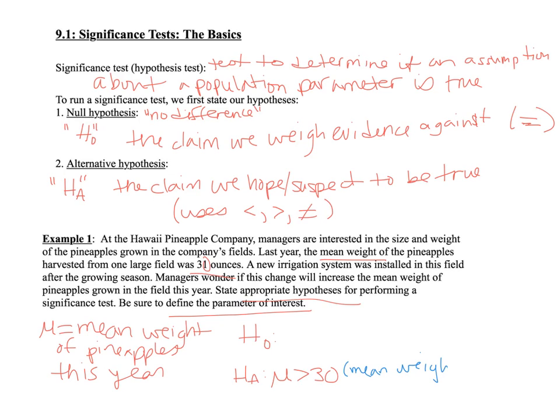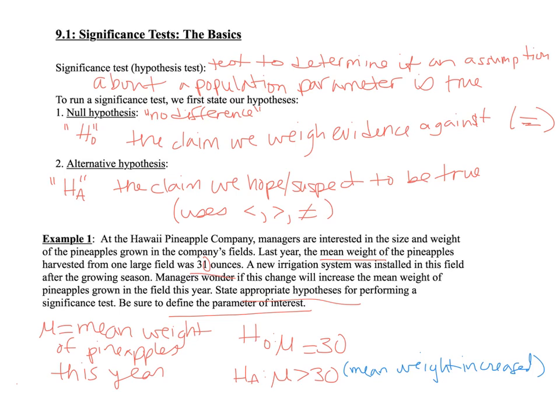By the way, the stuff I'm writing in blue, you don't have to write every time. You can if you want to. You need to somehow define what your variable is. So if you didn't define the parameter on the side, you can always get around that by doing what I did here and explaining the hypothesis in words. And actually, your alternative and your null are always going to be the same format with the exception of this being equal.